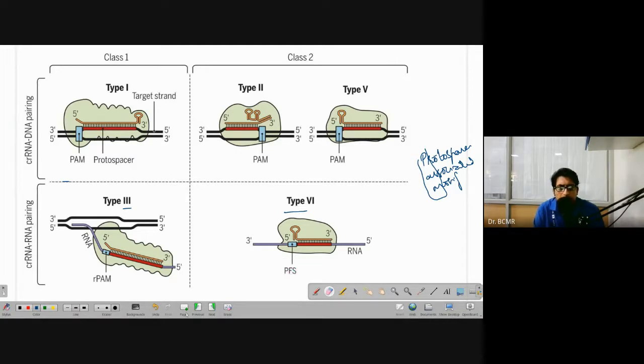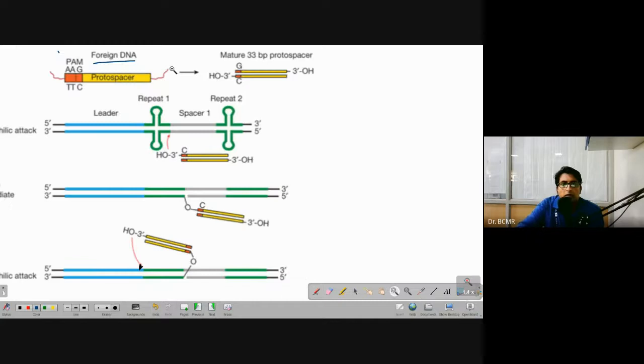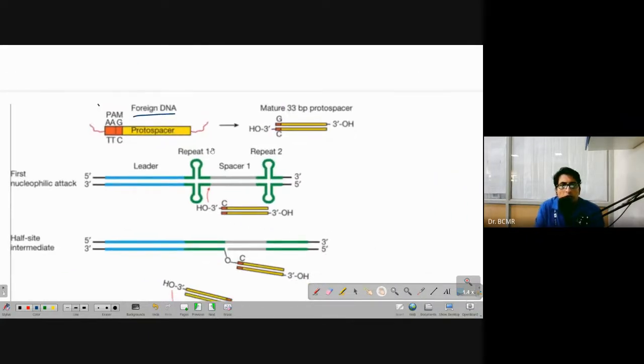Yes, let's go ahead. So first thing is, how is the DNA getting integrated? So here is a foreign DNA. Okay, this is the foreign DNA that is coming in. I hope it is clear enough. The foreign DNA is here, and it will be cut by, we discussed two proteins, Cas1 and Cas2.